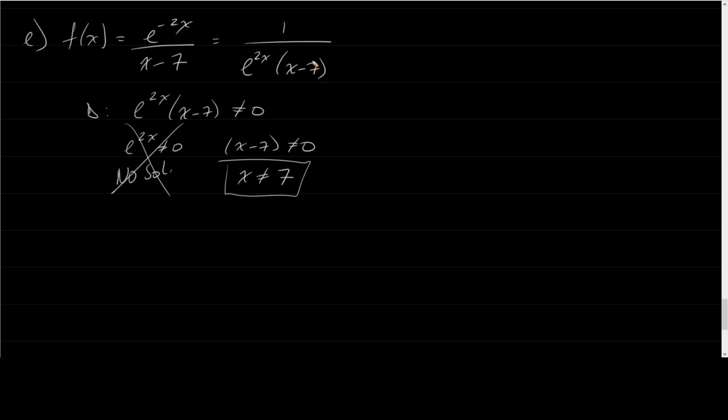Because we have here this 7 minus 7, so that would give us 0 at the bottom. So that is going to be a vertical asymptote. All right, so because it's a vertical asymptote, what we need to figure out now is what's going on around it. So let's say the limit as x approaches 7 from the right, and we have 1 over e to the 2x times x minus 7.